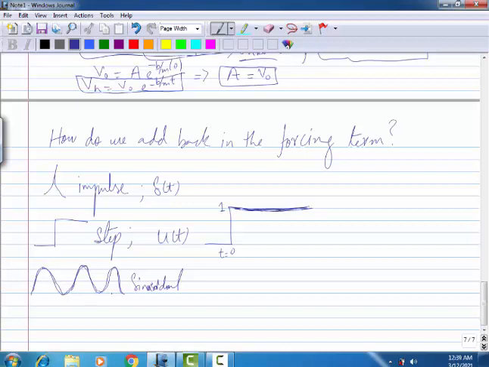Now, whenever we have to look at the input, assume that for this particular problem we are taking f of t as a step input, which has some f naught as the amplitude and starts at t equal to 0. So we assume this is the input to the system we are considering here.